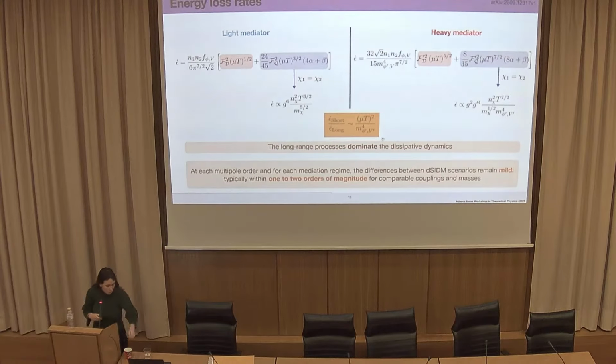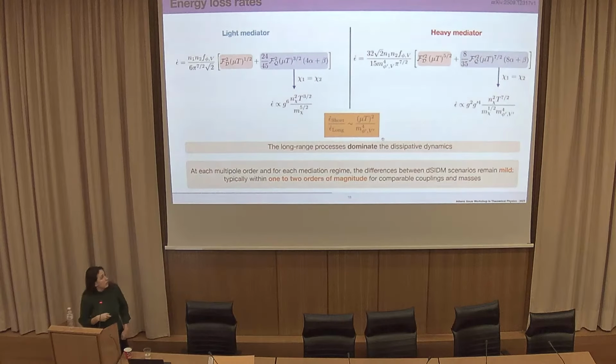We also have checked how much this model dependency was arising at the level of the energy loss rate, and actually it's quite mild. So at each multipole order and for each mediation regime, the difference between the dissipative scenarios that we found at quadrupole order just appears to be mild, so 1 or 2 orders of magnitude for comparable coupling and mass.